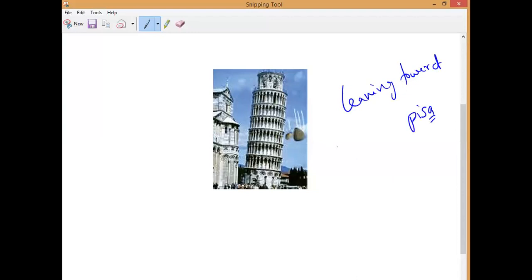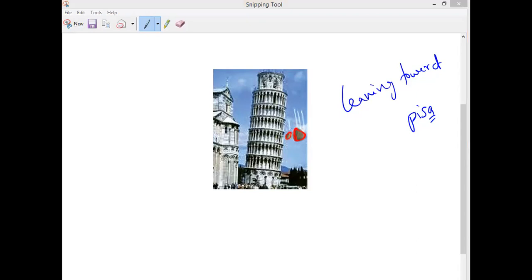Why am I saying this? You may have noticed two stones are falling. One is a big stone, another one is a small stone. But you may have noticed both are accelerating at the same rate. Have you seen it?